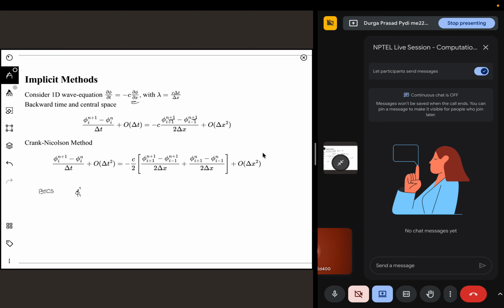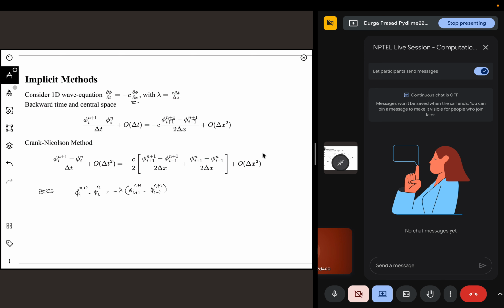we have phi n plus 1 minus phi n is minus lambda times phi plus 1 n plus 1 minus phi minus 1 n plus 1. So this is central space. All these n plus 1 values are unknowns to us, so we'll have multiple unknowns in any given coordinate.